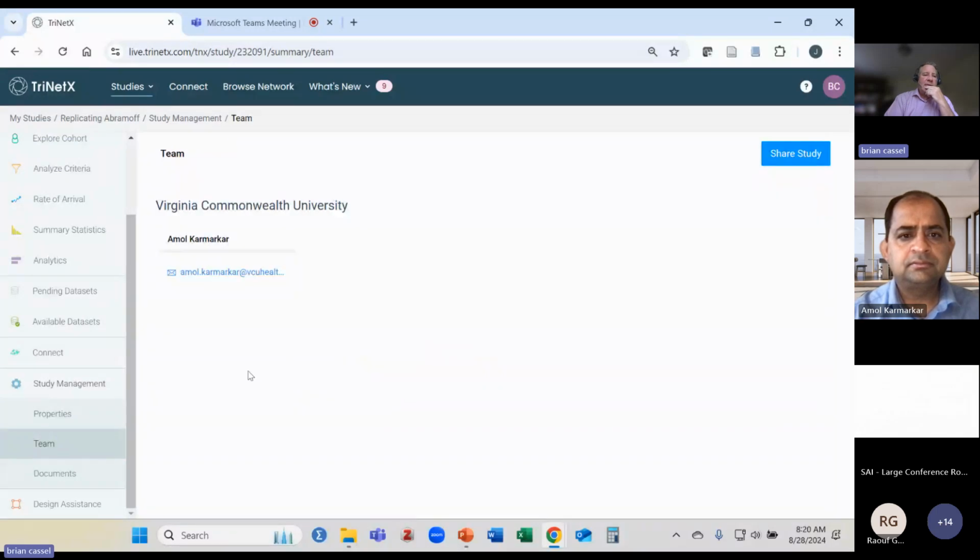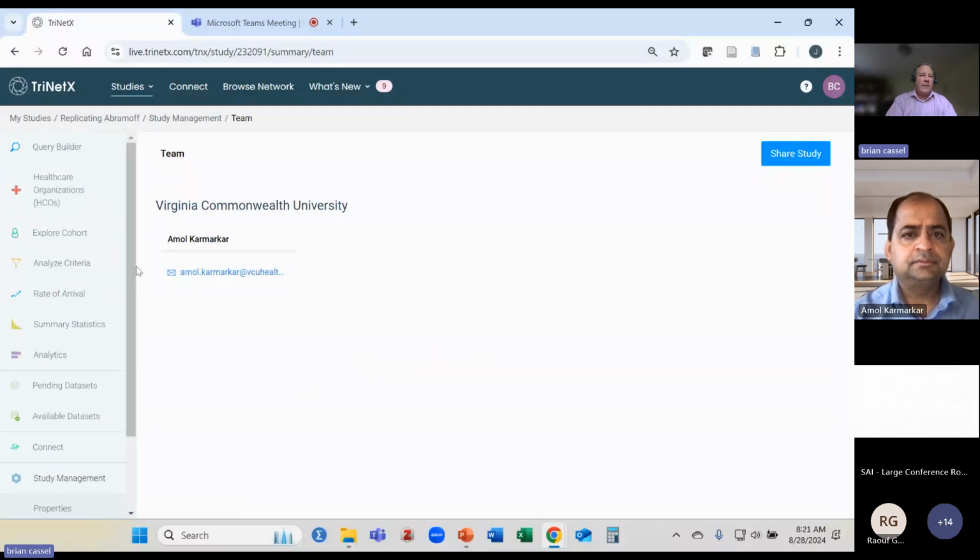And now he has access to the queries, the analytics that are in here, everything that's in my replicating Abramov project or study, he has access to. And if we wanted to upload documents related to our research protocol, properties, change the properties of the study description, we can do that here.